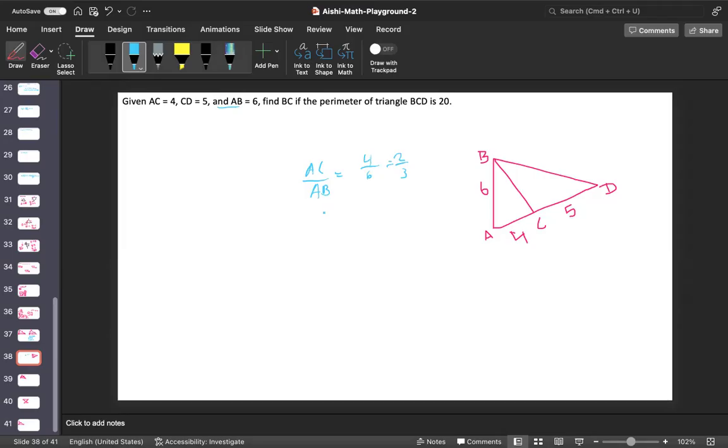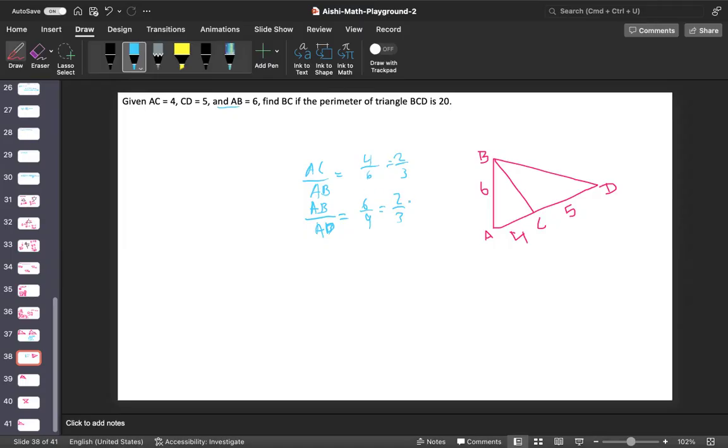And then, let's use the corresponding sides. Then we have AB by AD is equal to 6 by 9, which is equal to 2 by 3.